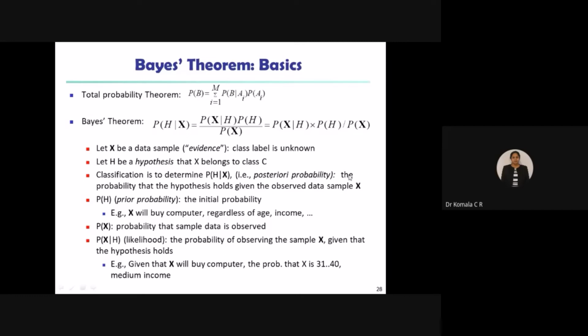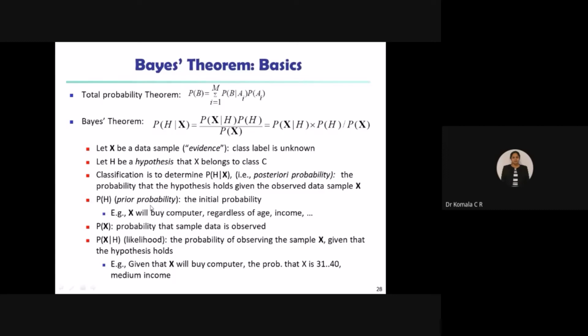The posterior probability is the probability that the hypothesis holds given the observed sample X. That means you are going to find H with respect to X. Whenever I say P of X given H, I am going to find X with respect to H. So probability of H given X one time, probability of X given H another time, where X is the sample data and H is a hypothesis with respect to X that belongs to C. So what is P of H then?